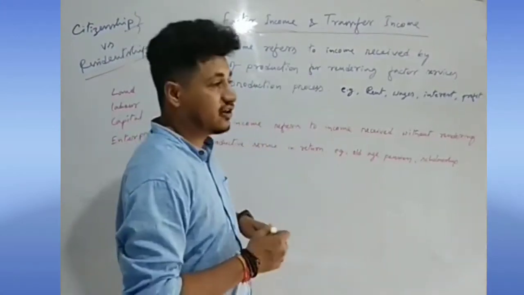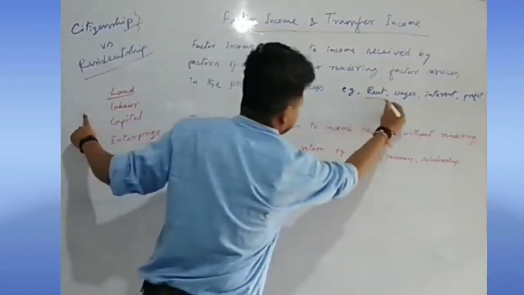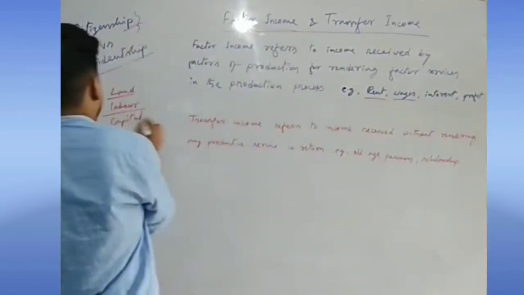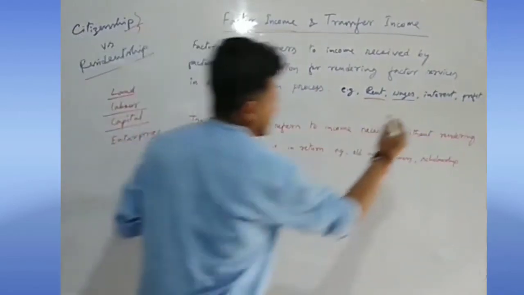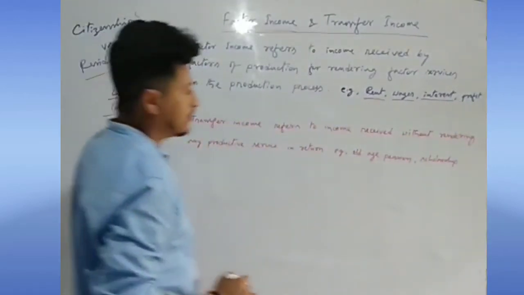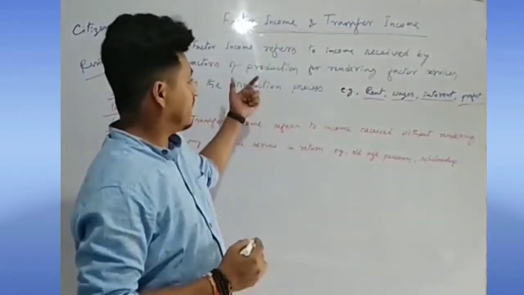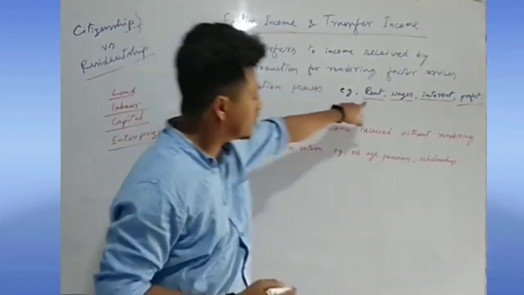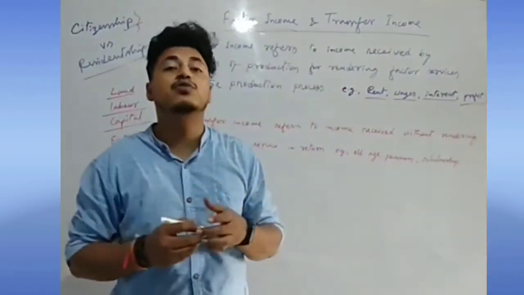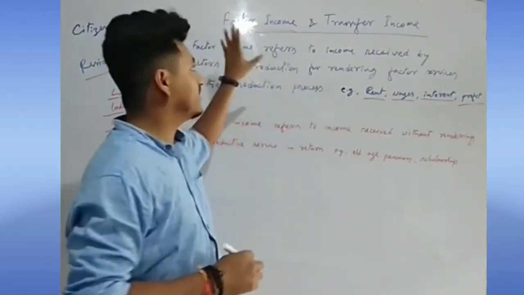And what do they get? लैंड को हम रेंट देते हैं. लेबर को वेजेस और सैलरी. कैपिटल के रिटर्न में इंटरेस्ट. और लास्ट एंटरप्राइज और ऑर्गेनाइजर को प्रॉफिट. So these are their remuneration. Factor income received by those factors of production are rent, wages, interest, and profit. These are also called remuneration provided to the factors of production. So this is factor income.